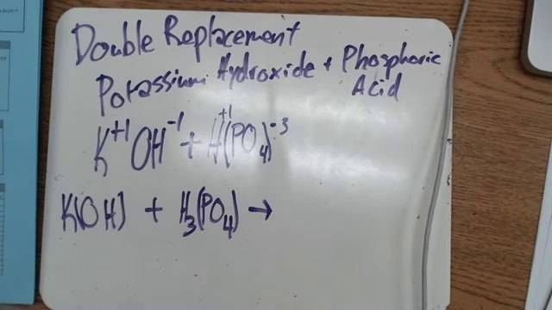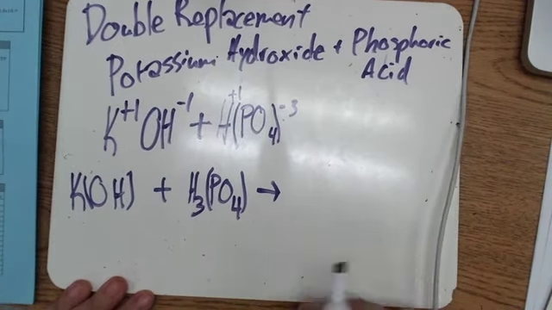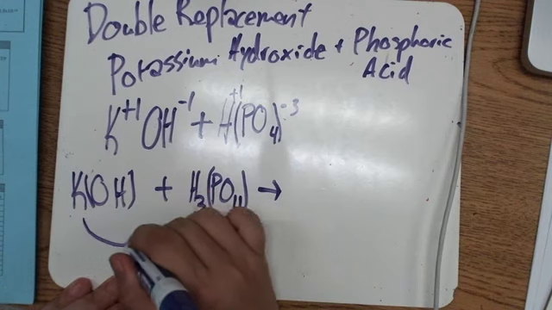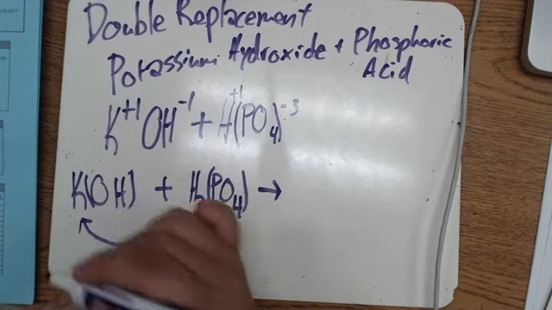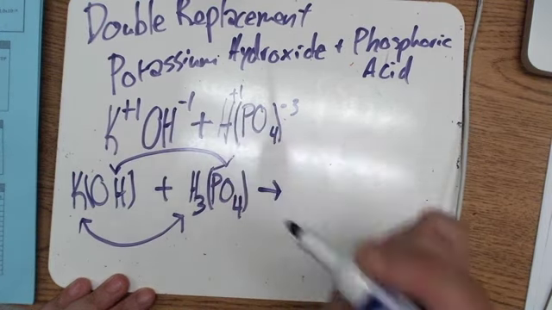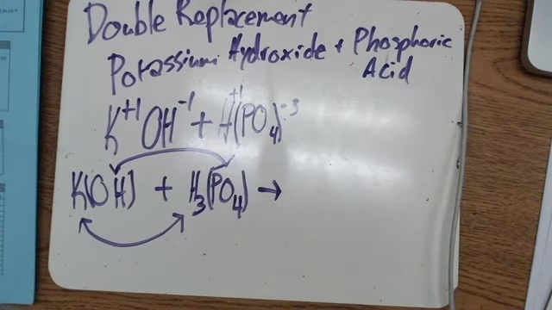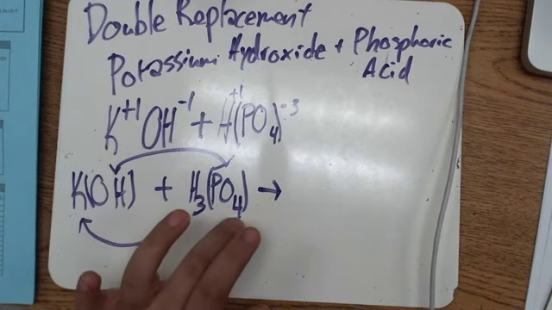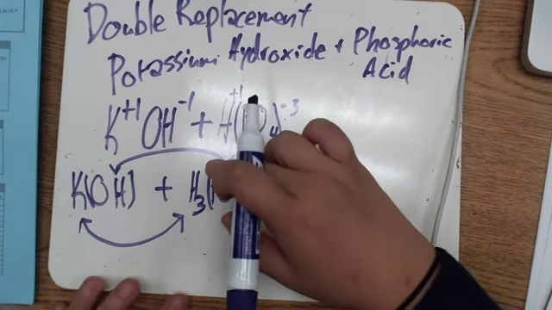Okay, so again, this is the OI part of FOIL. So you can do it in two ways, okay? If you want to say your potassium and hydrogen switch and do arrows, you can do that. If that is how your brain works, that is fine. And the OH and the PO4 are going to replace each other.